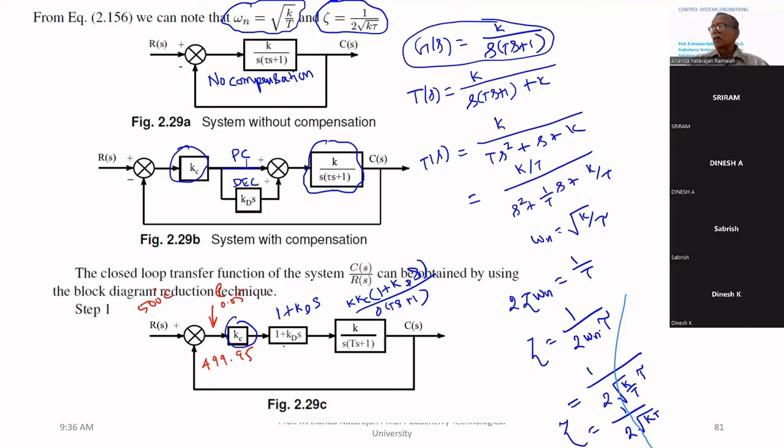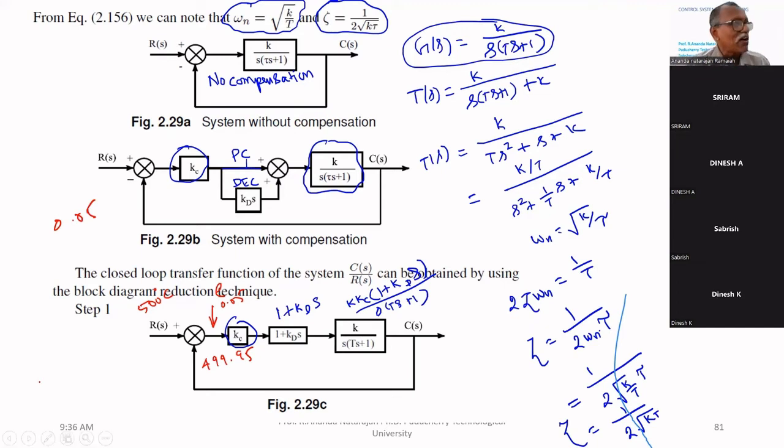But room temperature will not be a constant. It always vibrates about a particular temperature. Therefore, noise is inevitable in a circuit. So noise amplitude is 0.05 volts, let us assume. Noise amplitude is 0.05. Here error is also 0.05.